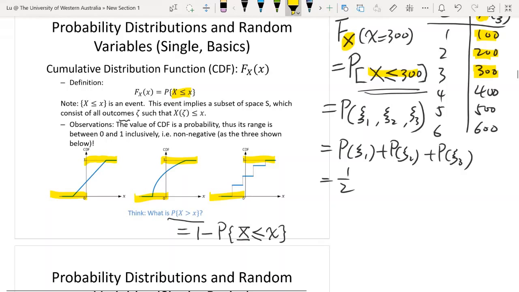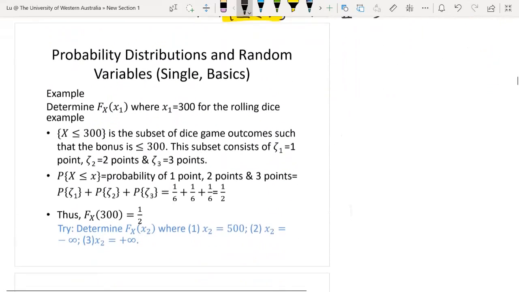But the later part of this term is actually the definition of the cumulative distribution function of the random variable X. So this is equal to 1 minus F(x). Then solved.